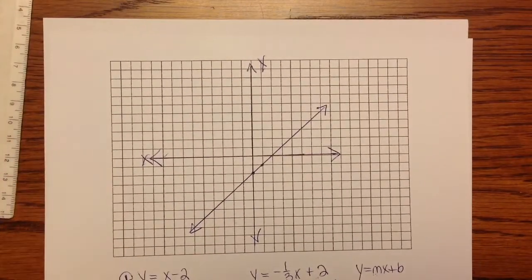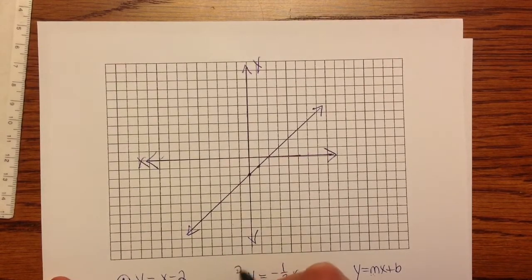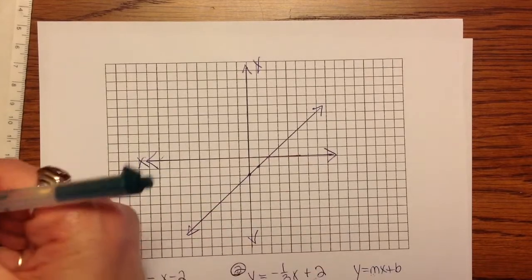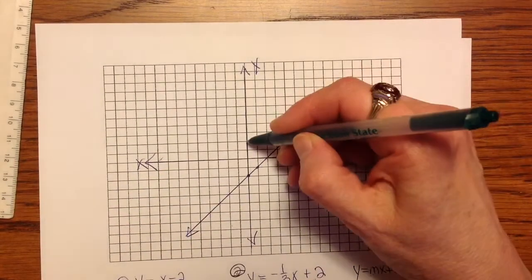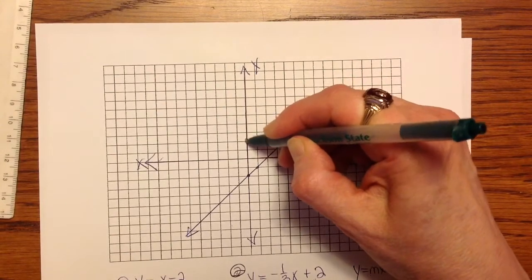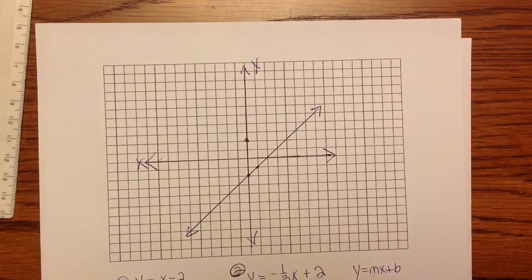You can see that real well. Now I've got a blue pen, and I don't know if it'll make a difference. I think that one's black. We've got a y-intercept of positive 2, so we'll find that on my y-axis. And then I have a slope of negative 1/3.